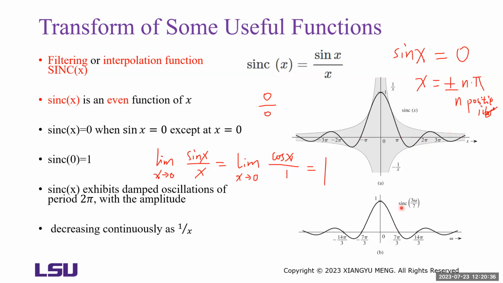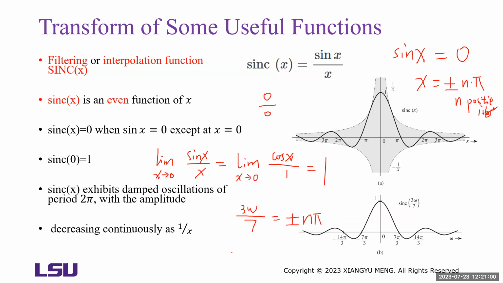Figure B shows the sinc function of 3 omega over 7. We know this function is 0 when 3 omega over 7 is a positive or negative integer times pi.